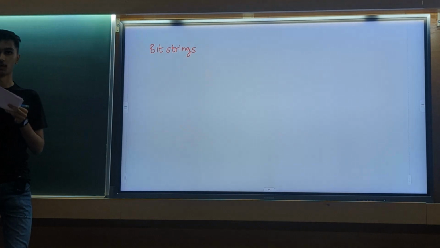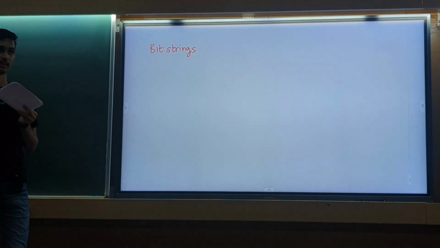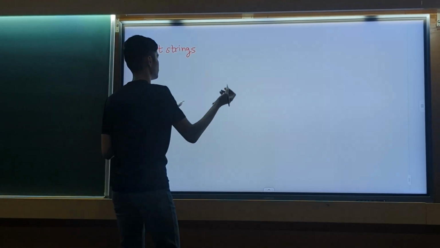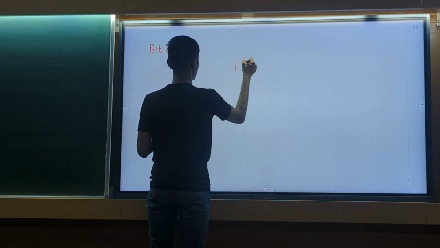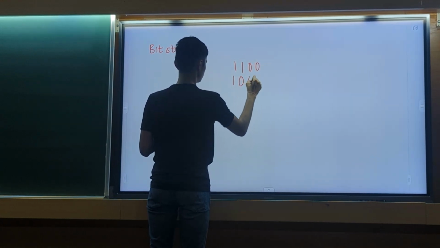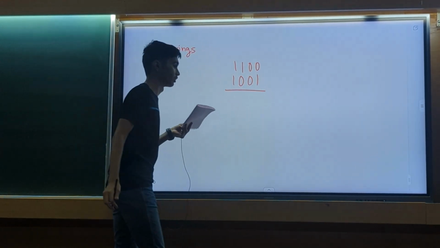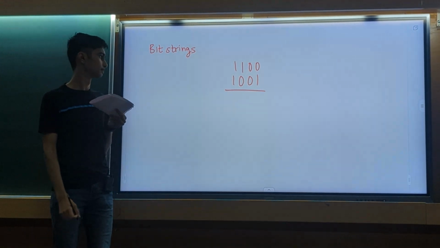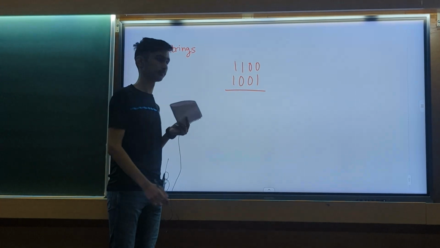The most important operation for cryptography is XOR. Just revising what XOR is, suppose you have two bit strings. What is the XOR of these two? Sorry? 0, 1, 0, 1.